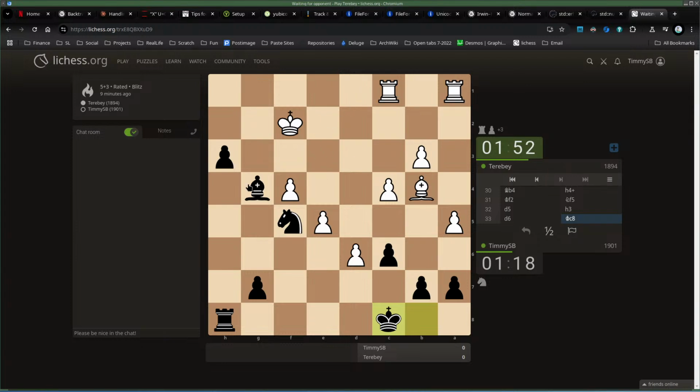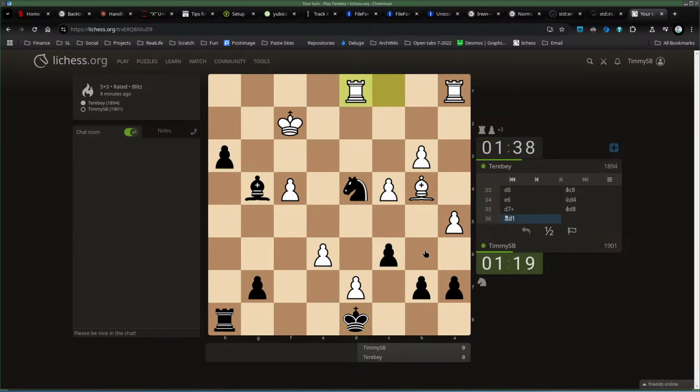Oh, the rook can't go here because of my bishop. So I should have played a knight, I think. Does it make that much difference? No, I'll definitely play a knight. Definitely. I could have taken the rook. Fuck me.